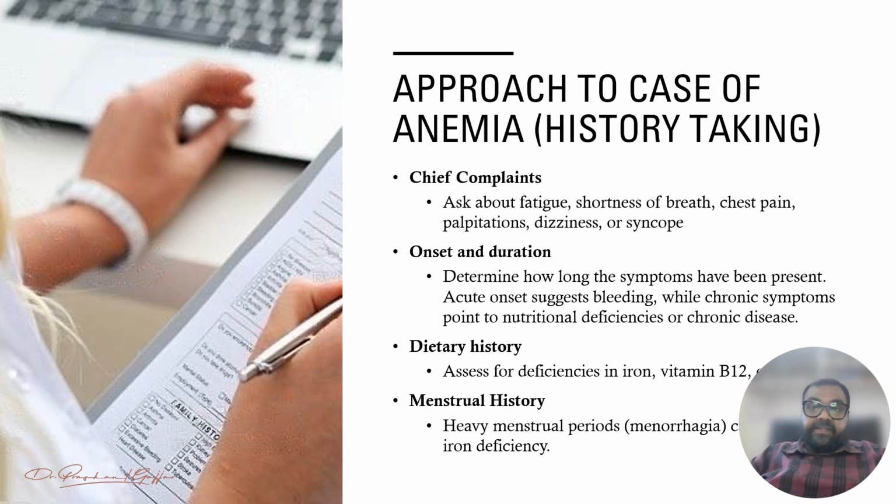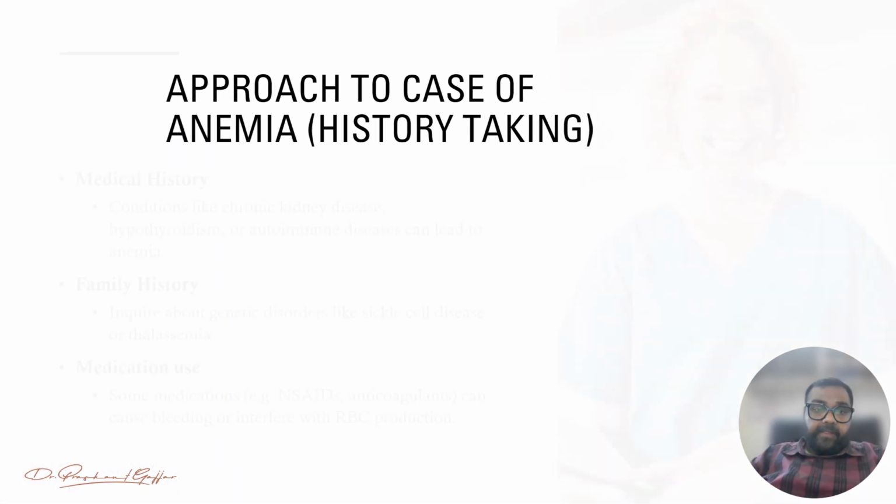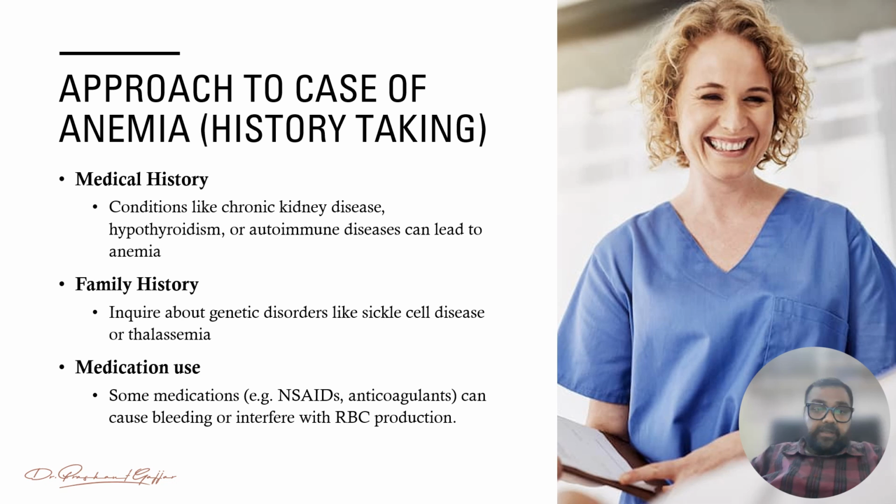Apart from this, we have to ask about the medical history also, like chronic kidney disease, hypothyroidism, or autoimmune disease, which can lead to anemia. We have to ask the family history also, inquire about genetic disorders like sickle cell disease or thalassemia, and the medication use.